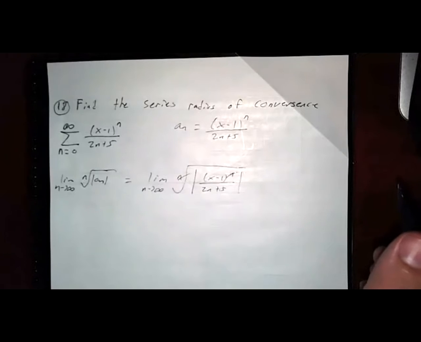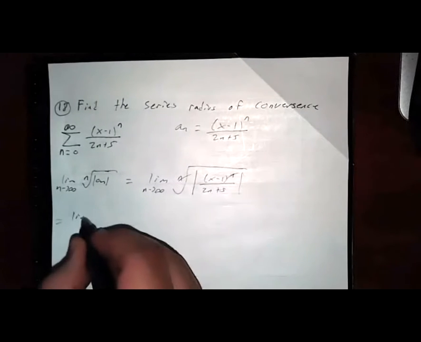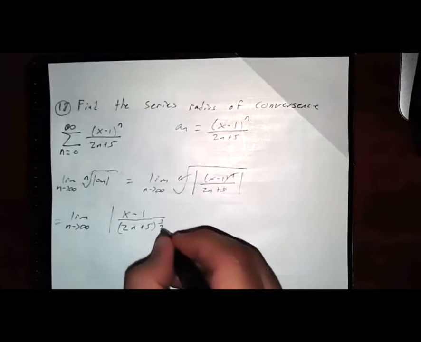So these cancel, leaving me with the limit as n approaches infinity of the absolute value of x minus 1 over 2n plus 5 to the 1 over n.